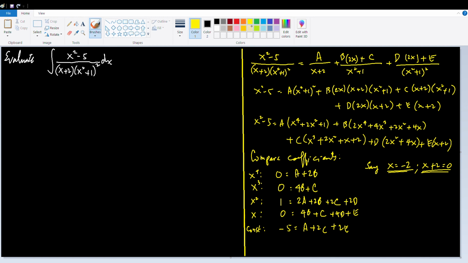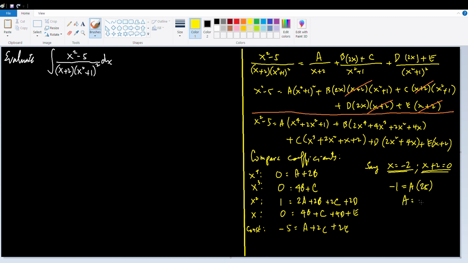If we go back to this portion, all terms with x plus 2 will vanish. Substituting negative 2 to x, we get negative 2 squared minus 5, that is 4 minus 5, or negative 1, equal to a times negative 2 squared is 4, plus 1 is 5, squared is 25.